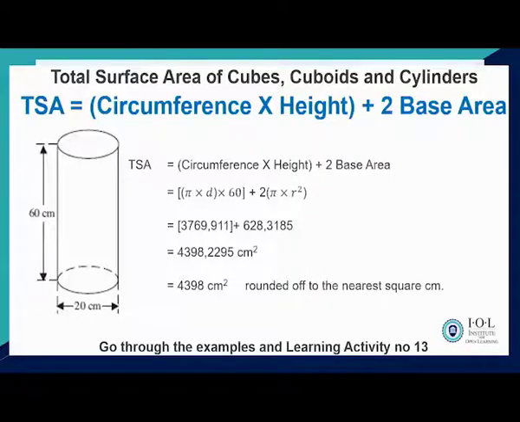If it's open, it's only 1 pi radius squared and not 2. Okay, so please, if I give you the total surface area, you have to work backwards and make sure that you can play around with the formulas. Do those examples. Work them out yourselves.